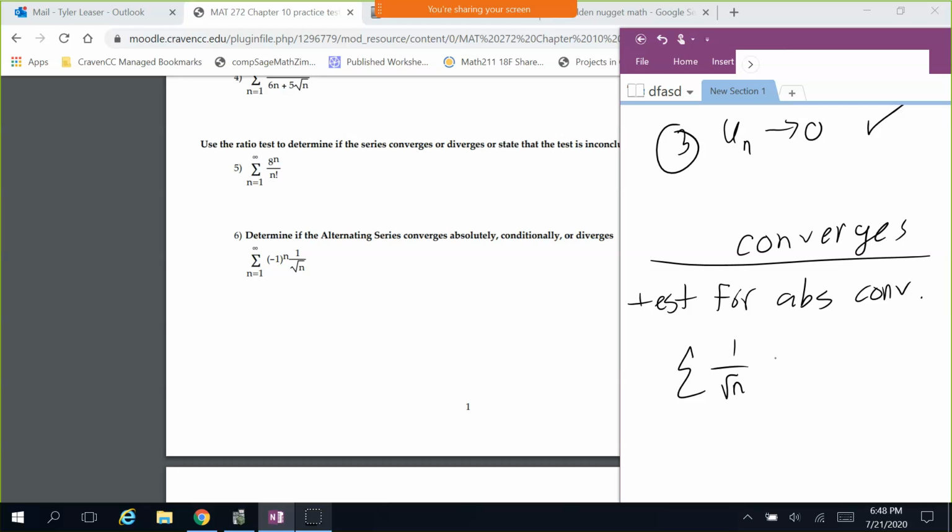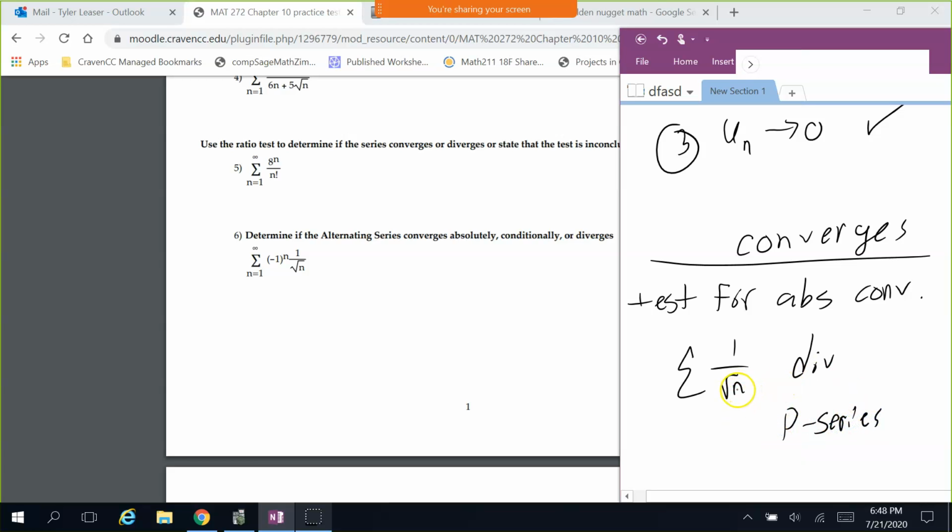So now we have to use another test to see whether this converges or diverges. You don't really have to do too much. I hope that you can just look at this and tell me whether it diverges or converges. This is going to diverge, and the reason it's going to diverge is because of the p-series.